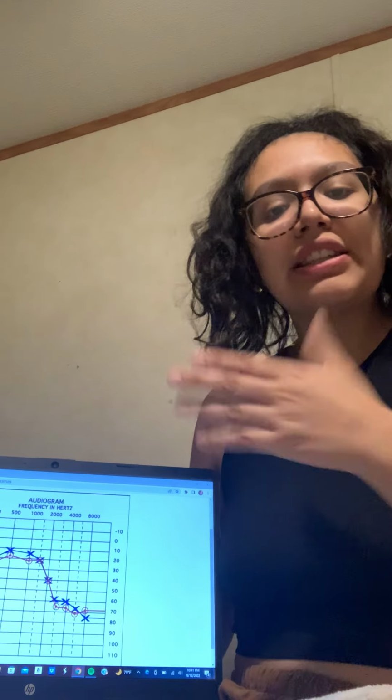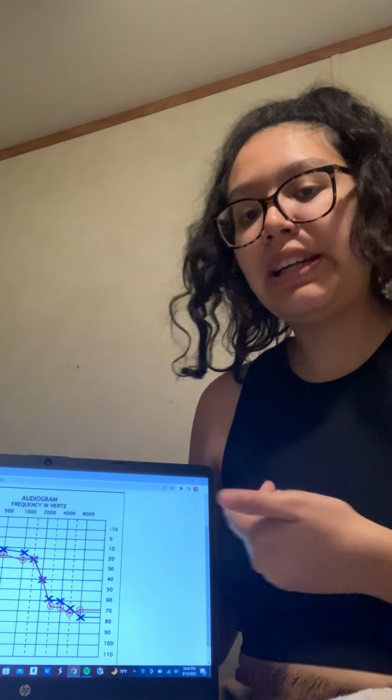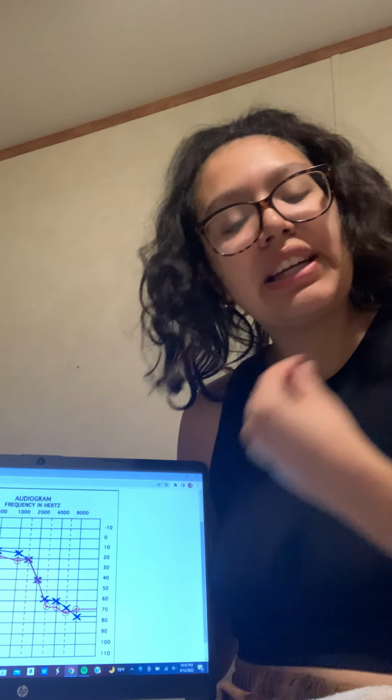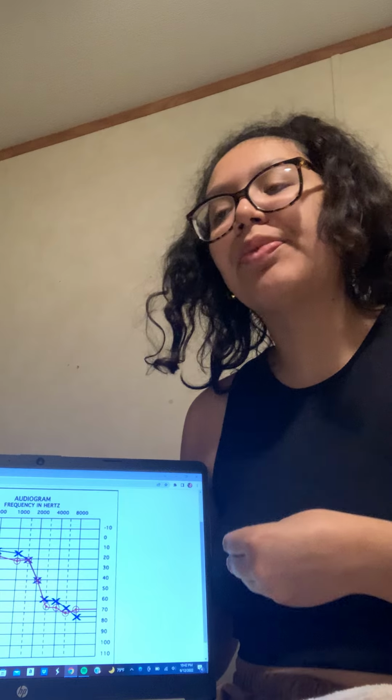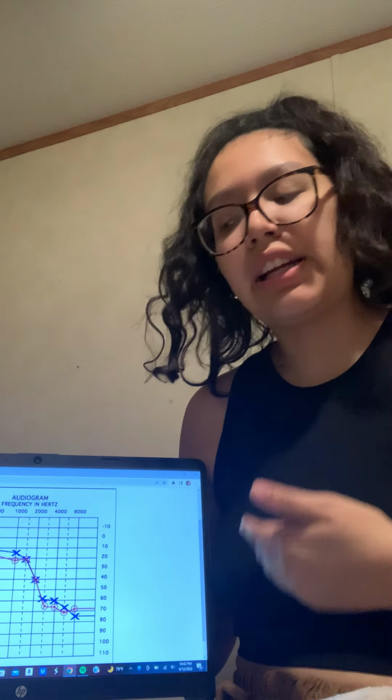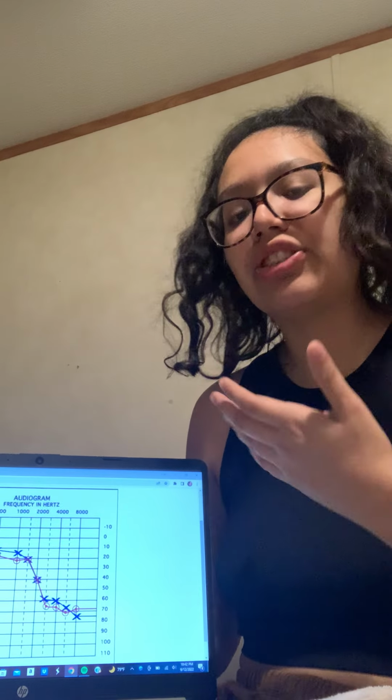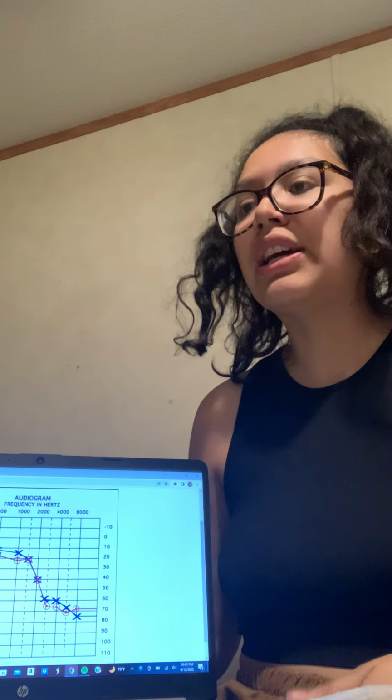Just this talking voice, the way this loudness is, she may not be able to hear that with this severe of a hearing loss. And even with amplification, like a hearing aid, that may still not provide the amplification she needs to understand that sound. So we could look at other devices to aid that hearing loss, like cochlear implants.